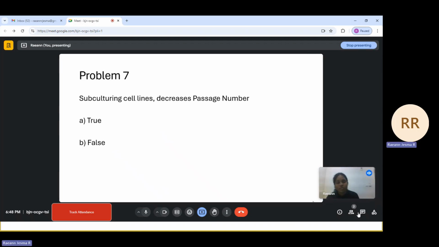So subculturing cell lines, does it decrease passage number or not? What is the correct answer?